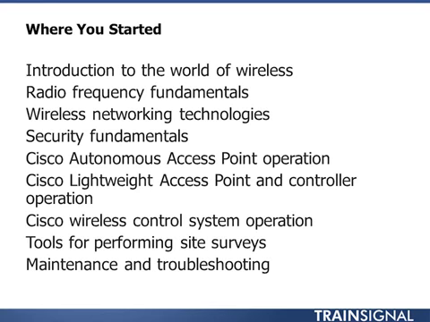We also went through the Cisco Wireless Control System, which can not only manage lightweight access points and wireless LAN controllers, it can also manage autonomous access points. We went through and talked about how to perform a site survey, looking at the cell boundary, the maximum signal strength that you should have between two channels that are on the same frequency.